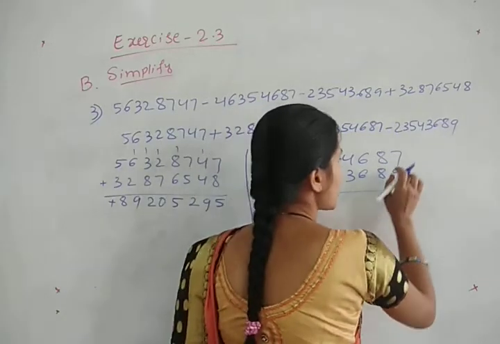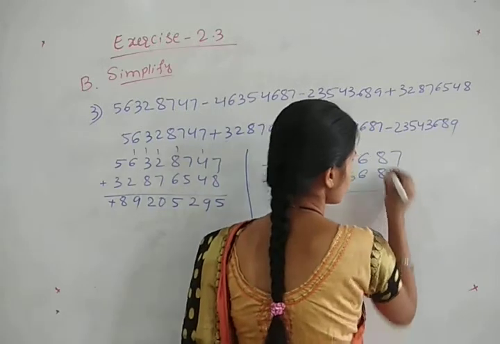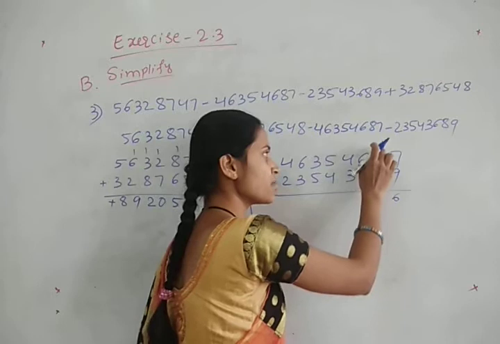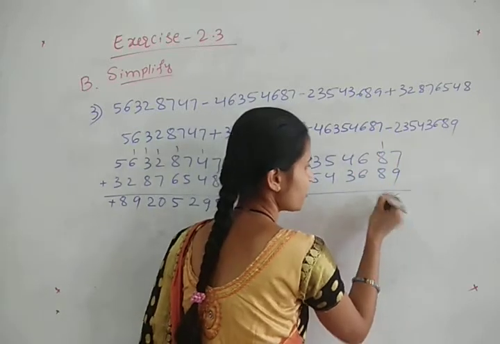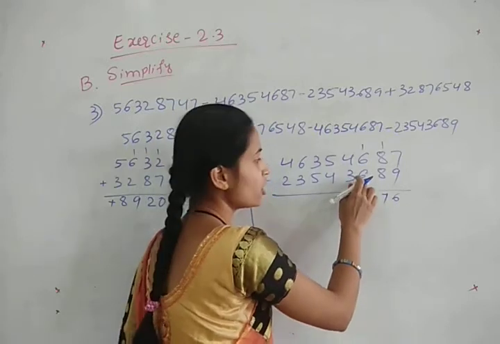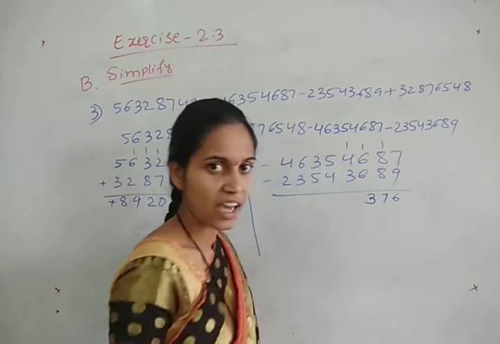Okay, so here 9 plus 7 becomes 16. Write here 6, take 1 as a carry. Now 8 plus 8 is 16, 16 plus 1 is 17. Write 7, take 1 as a carry. Now 6 plus 6 is 12, 12 plus 1 is 13. Write here 3, take 1 as a carry.